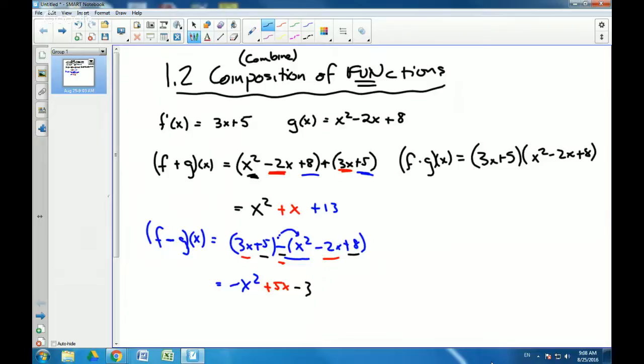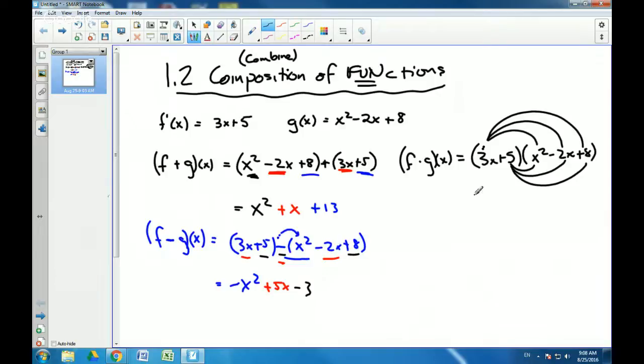We went over that 10 minutes ago, right? This is just a monster FOIL problem. The acronym FOIL doesn't work. My suggestion, multiply the first times everyone, and then take the second one and multiply it by everyone. Just term by term. That's what you're doing when you FOIL. You just don't know it.